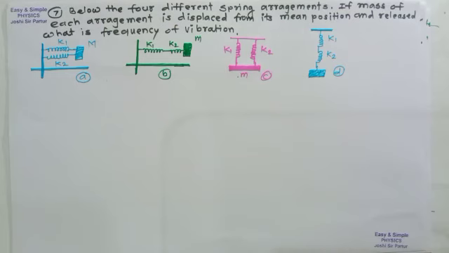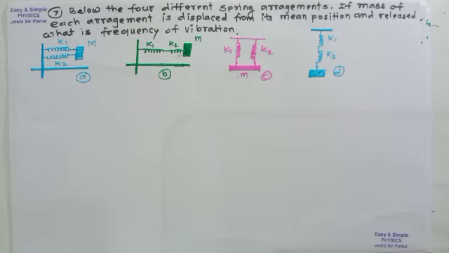See here, 4 figures are given. Below, 4 different springs are given. If the mass of each arrangement is displaced from its mean position and released, we can find out the frequency of vibration.